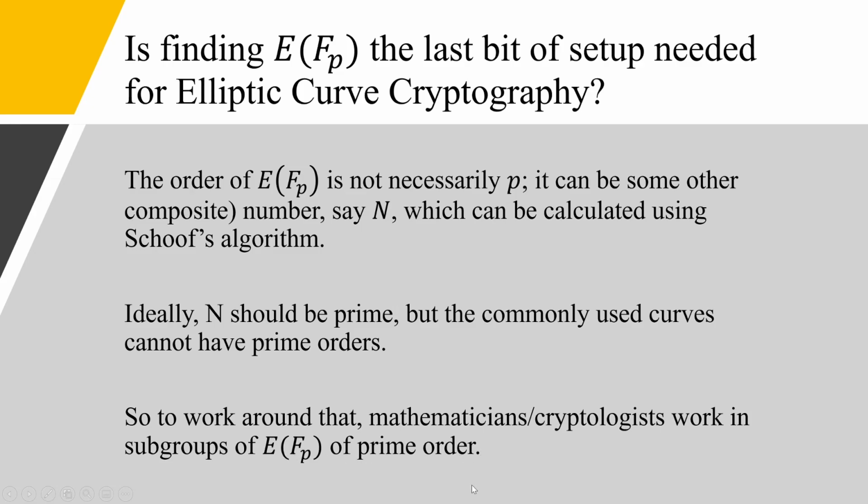Why prime? Because, as I said, there are a lot of advantages to working with a prime field, because all we need is one element of that prime field plus the prime order, and we can generate the entire field. So what we want to do now is that we have the restricted elliptic curve and we want a subgroup of that by picking one element and using it to generate a cyclic subgroup.